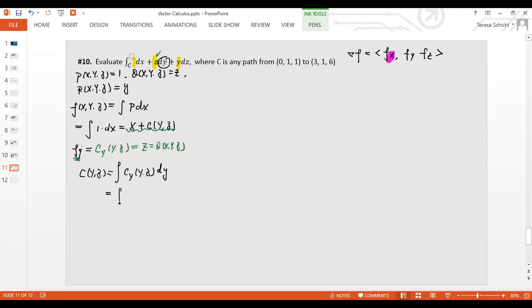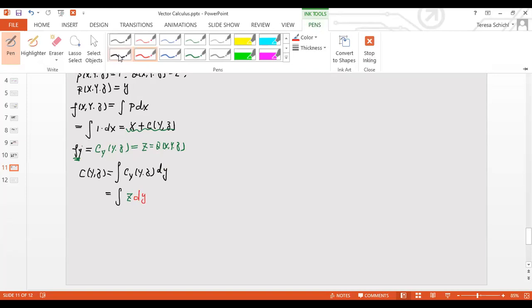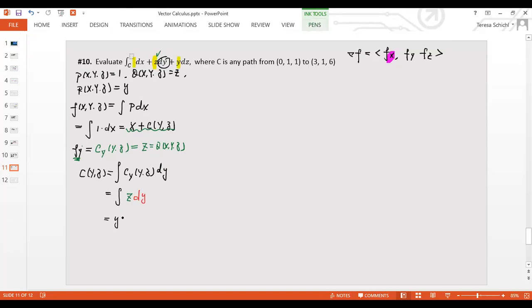So c_y z, as we put it here, let me color code that for you, it's z. Because for Q, you are integrating dy. So now what do we have here? You have yz. You integrate the y, so then you will have another function of z here.